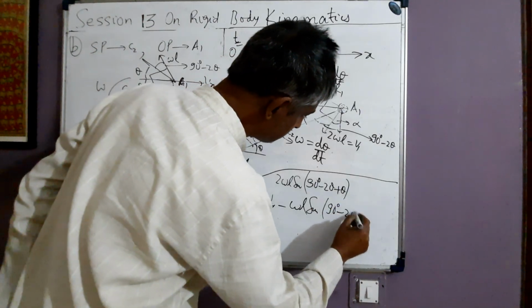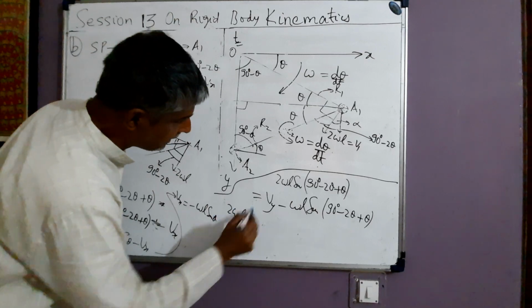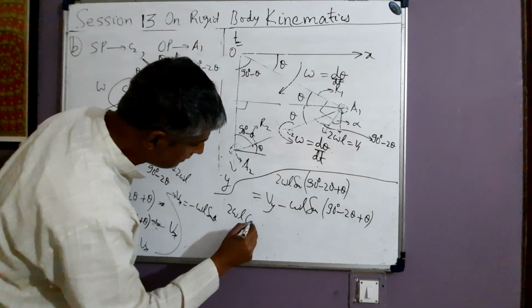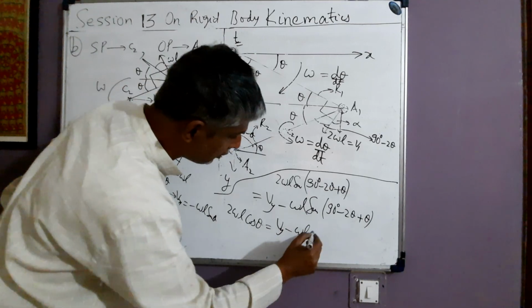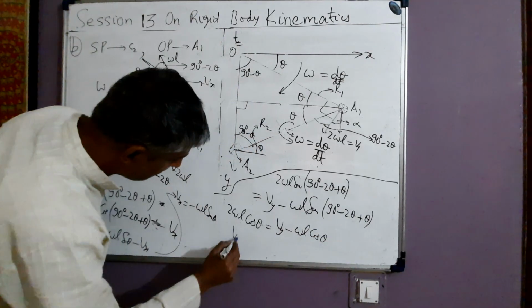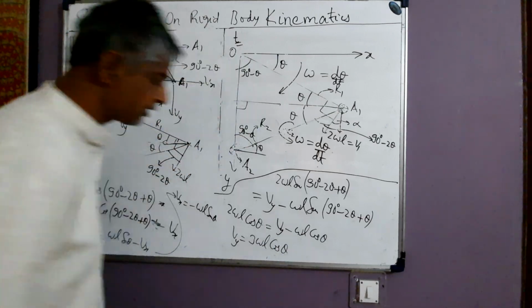So this becomes 2 omega L sin(90 minus theta), which is cos theta, equal to Vy minus omega L cos theta. So Vy becomes how much? 3 omega L cos theta.